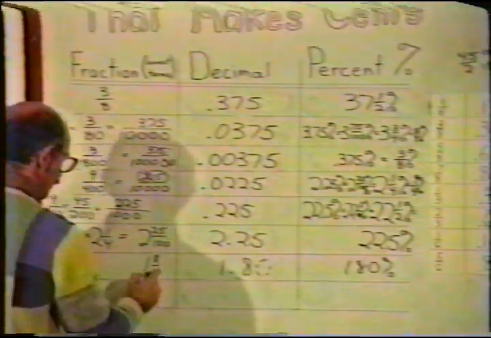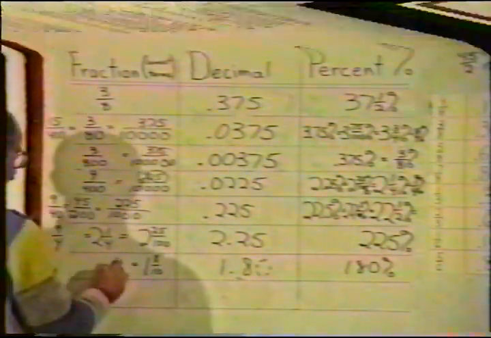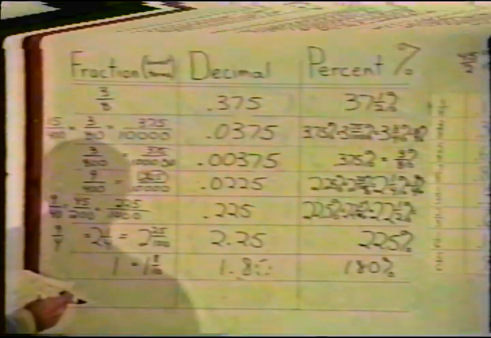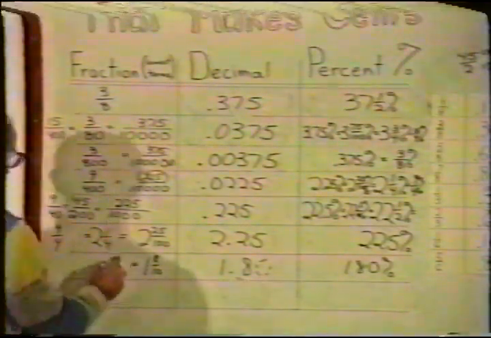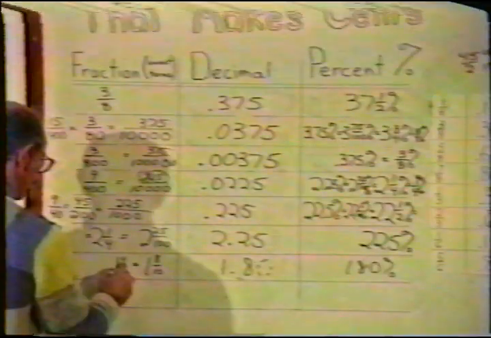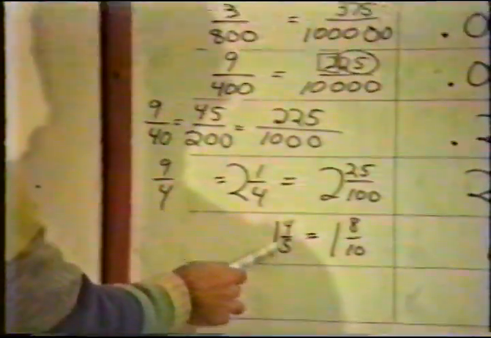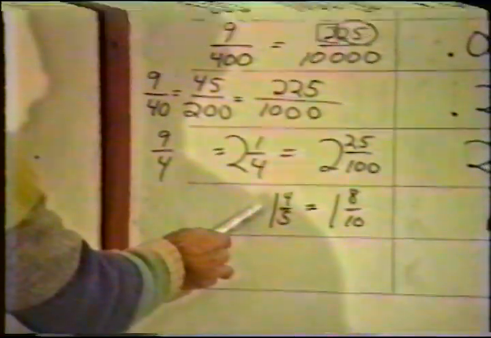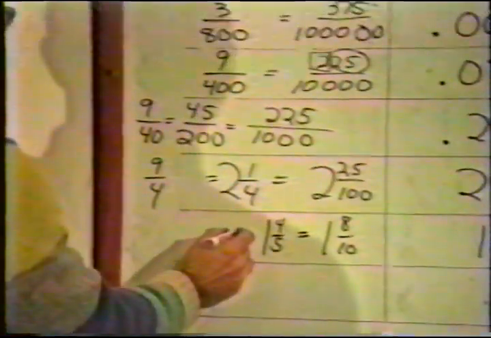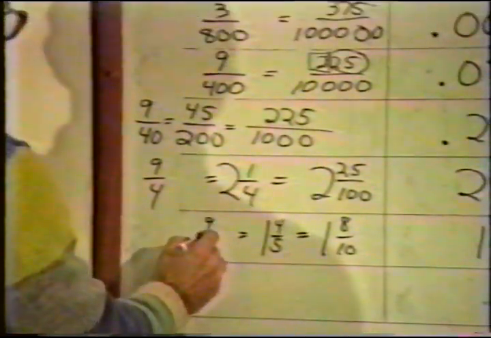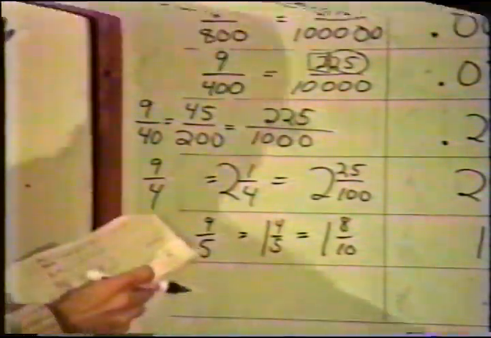And we can reduce that to 1 and what? 4/5. 1 and 4/5. And let's see what that is as an improper fraction. 5 times 1 is? 5. Plus 4 is? 9. 9/5.